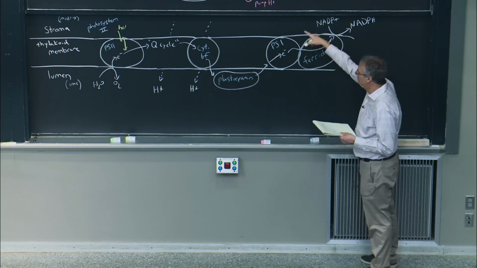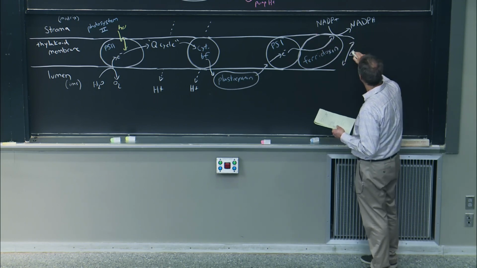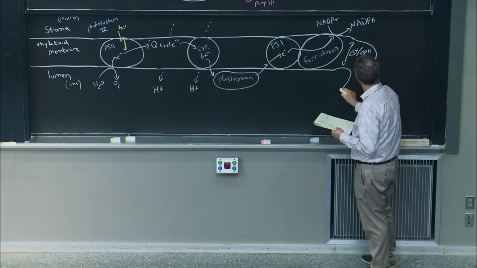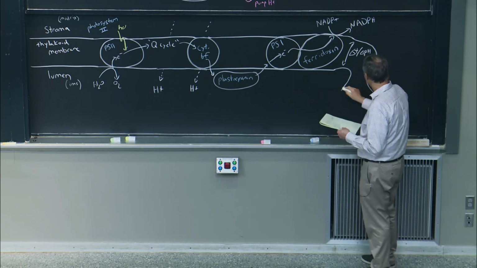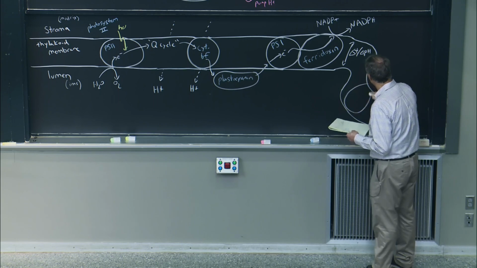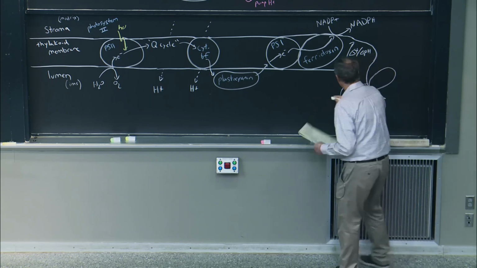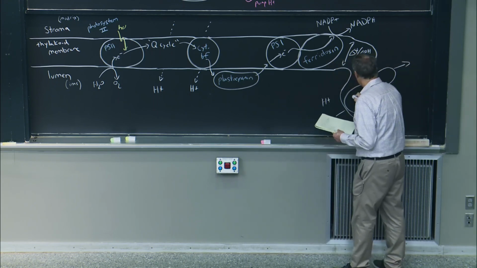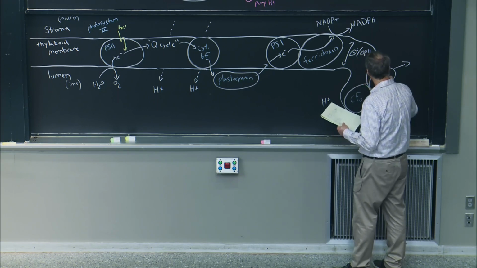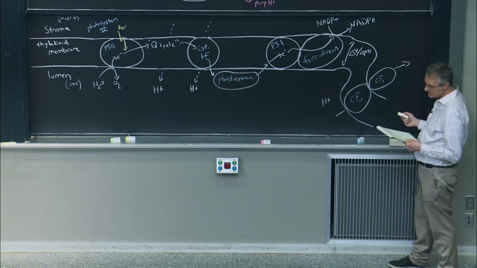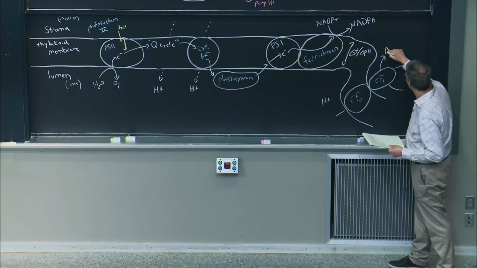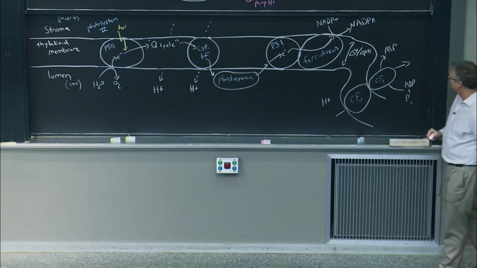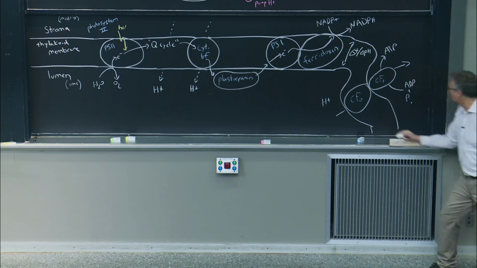This has the effect of generating a delta psi, delta pH across the membrane, and of course that delta psi, delta pH can be used by a chloroplast F0, chloroplast F1 ATPase to generate ATP, just like we described from oxidative phosphorylation, okay?